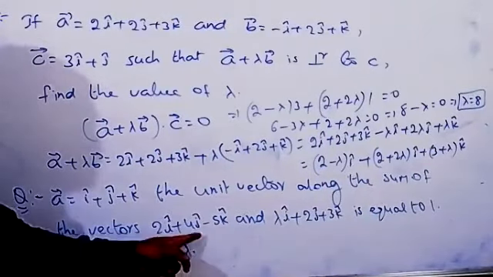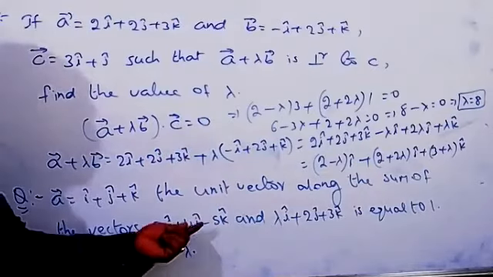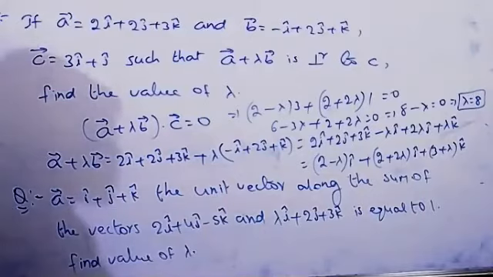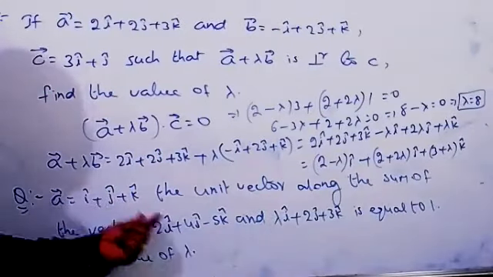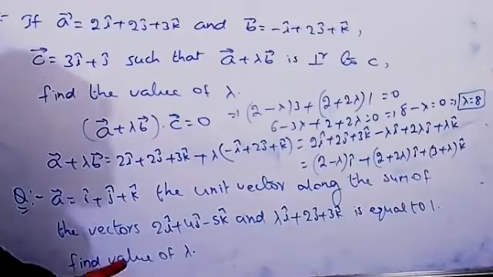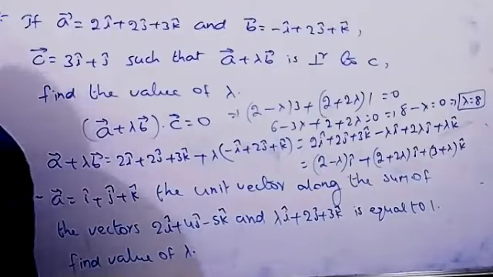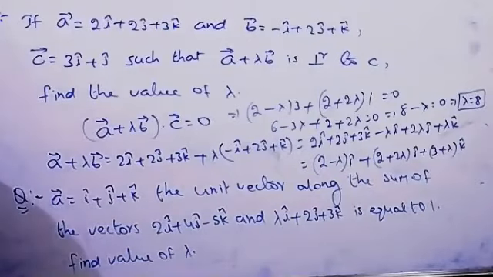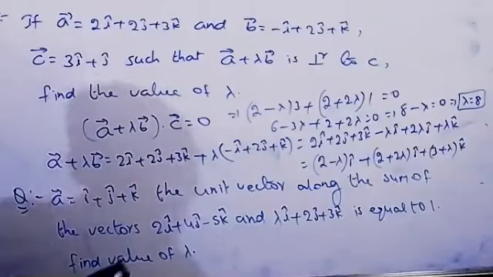First you can find the sum of these two vectors, and the product of these two equal to 0 you will get clearly, and you can find the value of that. And the unit vector of the sum of these two vectors, how to find that? Please tell me.